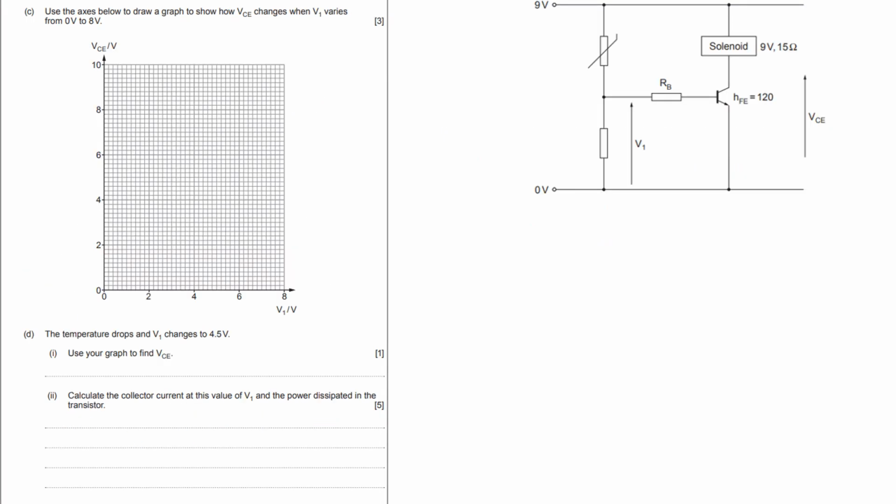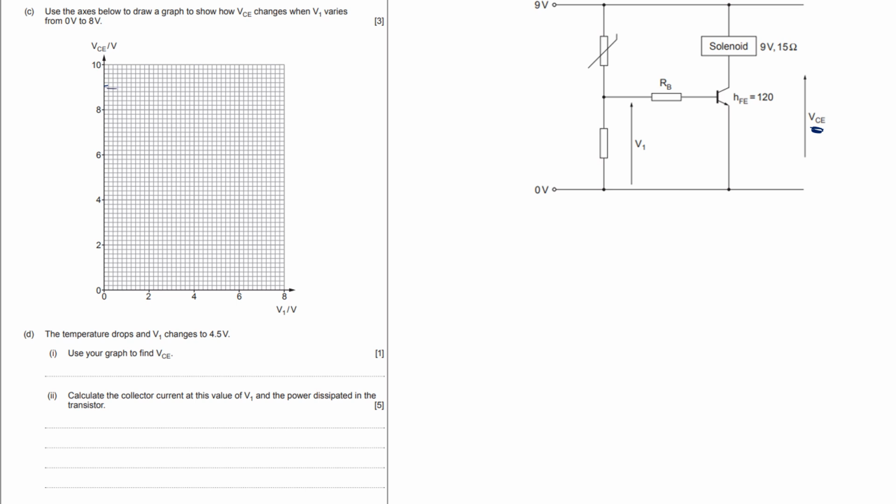Okay, so we need to plot V out against V in. V out is VCE, by the way. So we know when a transistor is off, all the voltage is across it, 9 volts. When you get to about 0.7 volts, it will start to turn on.